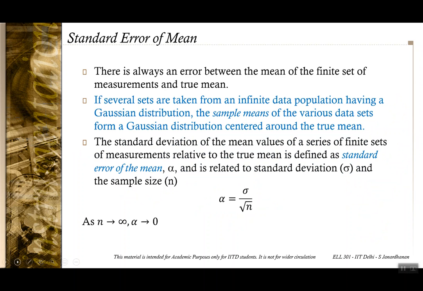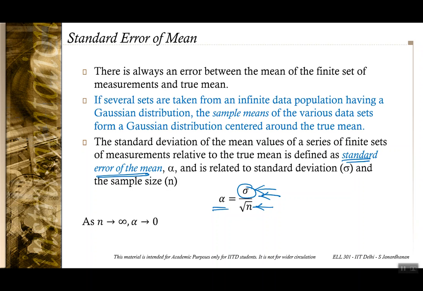Since it's a Gaussian distribution, there will be another standard deviation for these means. This standard deviation is called the standard error of the mean, which is the standard deviation of the Gaussian distribution of the sample means. It is related to the standard deviation of the true Gaussian distribution by this relationship: alpha is sigma by square root of n.